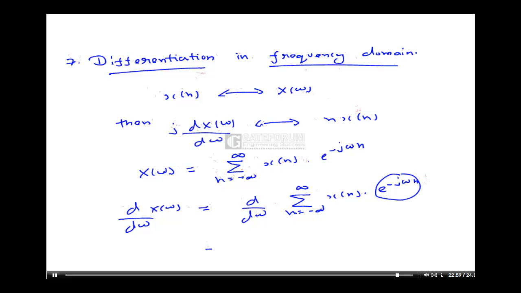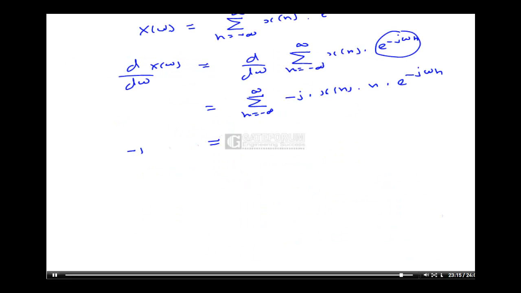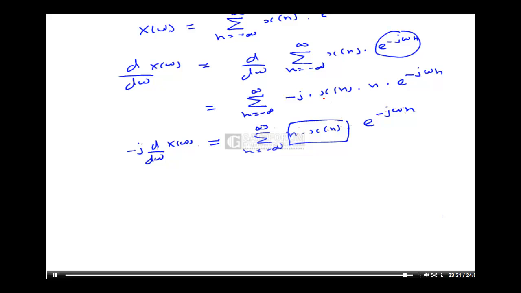So if I differentiate this term, I will get minus j x[n] into n e to the power minus j omega n. Thus I can write here minus j d by d omega X of omega is equal to summation n tending to minus infinity to infinity n dot x[n] e to the power minus j omega n. Thus this term becomes n x[n]. Okay.